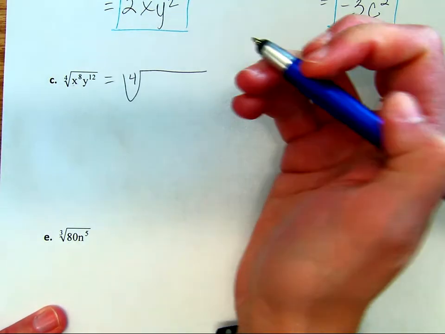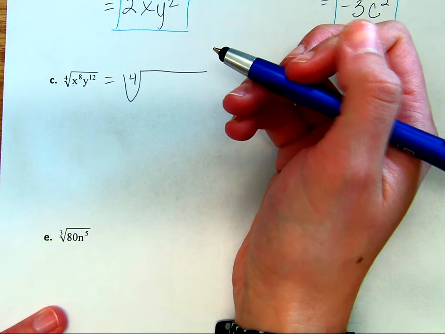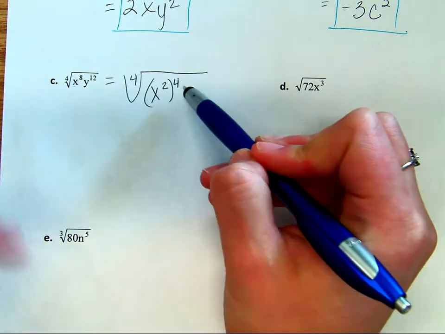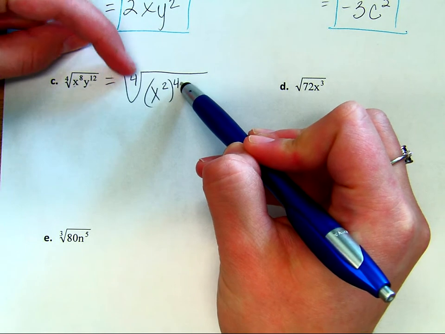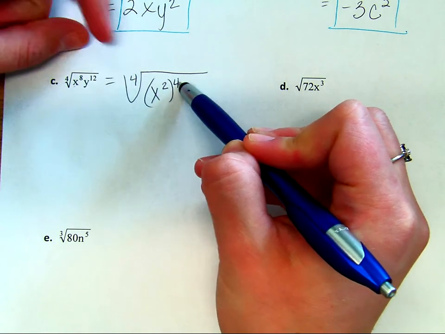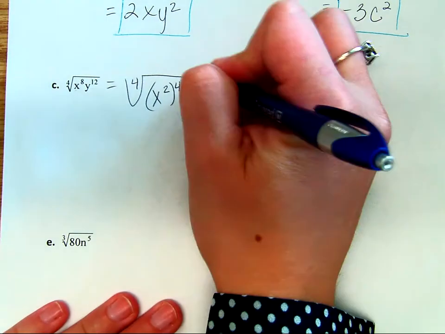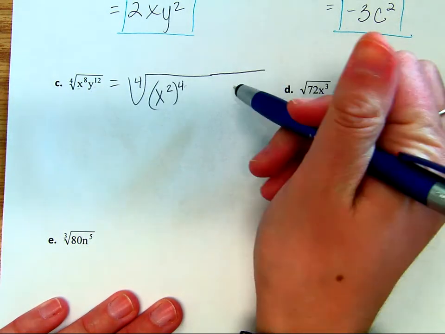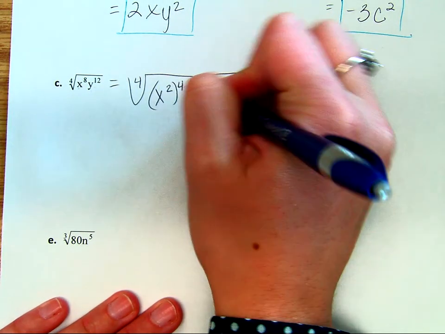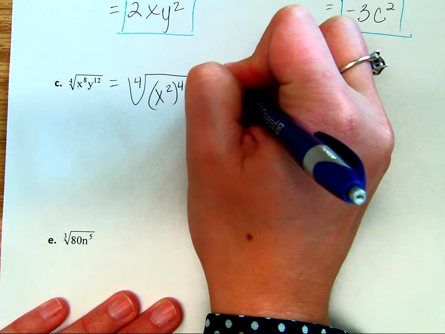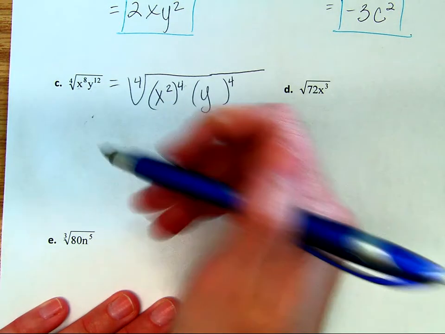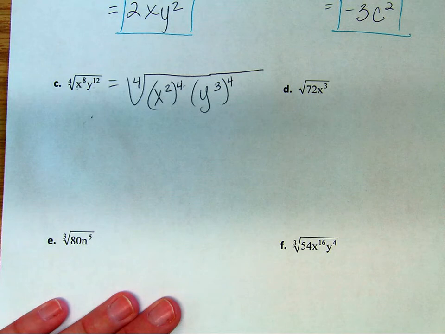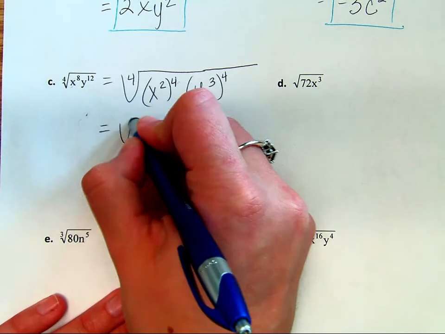Well, I know 2 times 4 is 8, so I'm going to rewrite this as x squared to the 4th. I wanted to write it as something to the 4th power because it's a 4th root. Then I've got y to the 12th. Again, I want this to be something to the 4th, if possible. Well, I know 3 times 4 is 12, so I'll make it y cubed to the 4th. And then I'm going to isolate these.